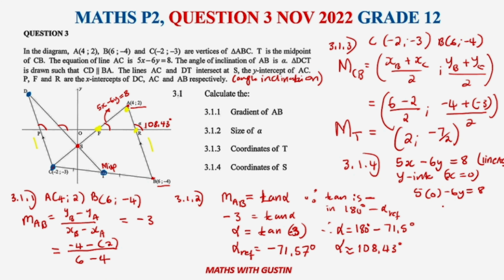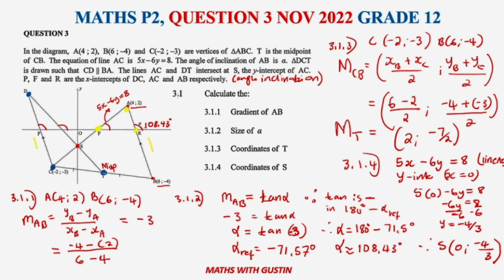Therefore, we're looking for y. We are going to divide both sides by negative 6. Y is therefore equal to negative 4 over 3. With that, we know that S would be 0 comma negative 4 over 3, which makes sense because it is an intercept.